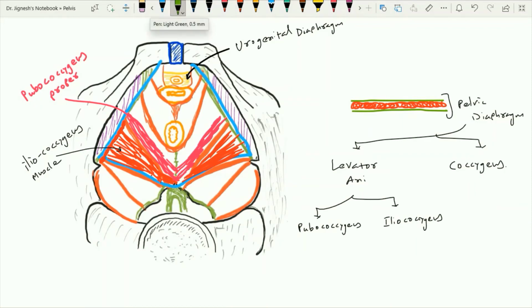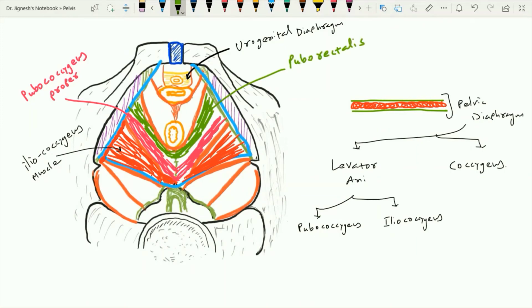The fibers situated just in front of this pubococcygeus proper pass downward, backward and medially and wrap around the rectum. These fibers are called the puborectalis.